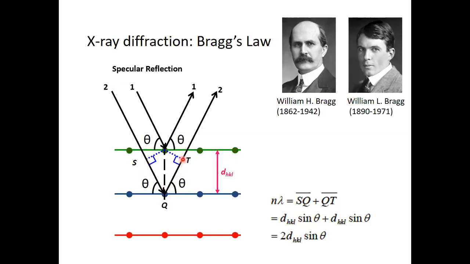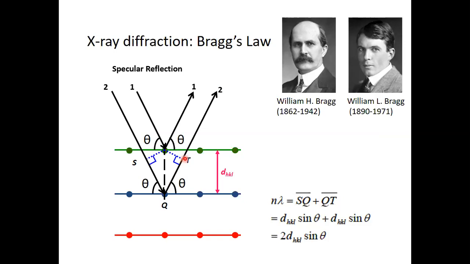Now, what can be said about the interference of X-ray number 1 and X-ray number 2? We can say that the interference will only be constructive if that distance plus that distance is an integer multiple of the wavelength lambda.